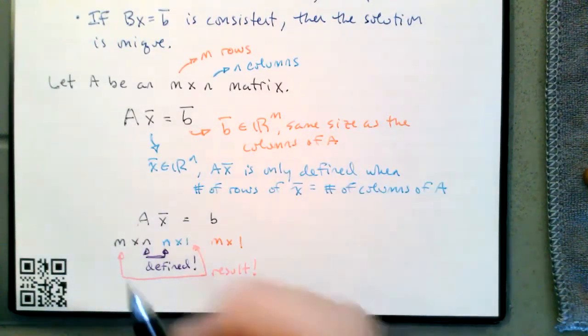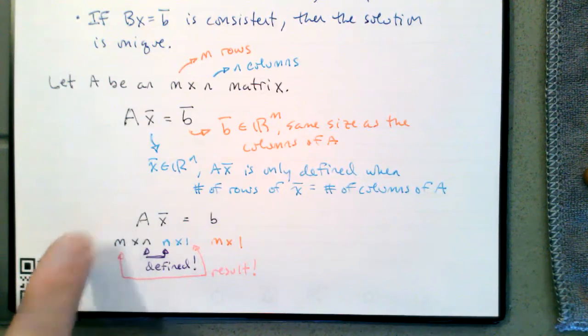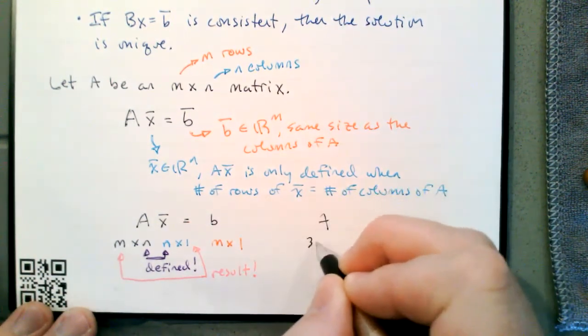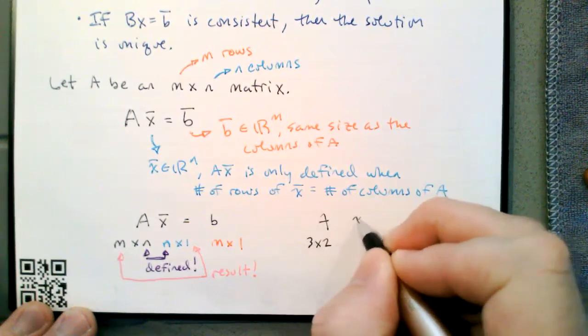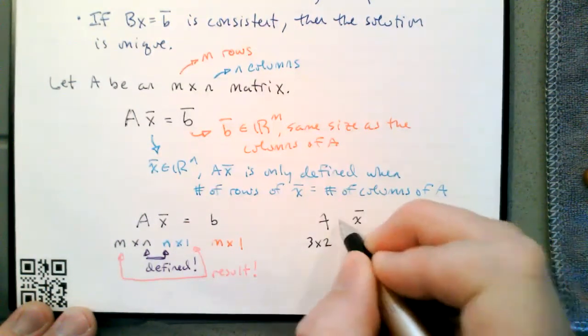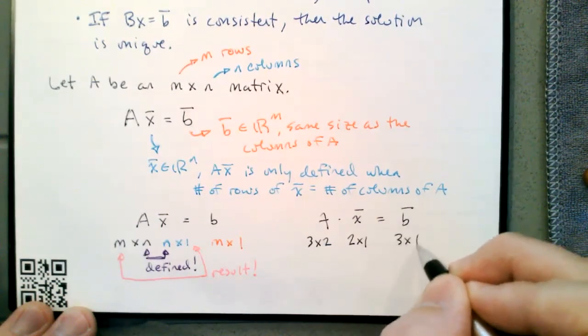So this is just an important thing to note about the sizes of entries. This came up in one of the quizzes because A was a 3 by 2 matrix. So if A is 3 by 2, then X has to be, as a vector, 2 by 1, and the result will be 3 by 1.